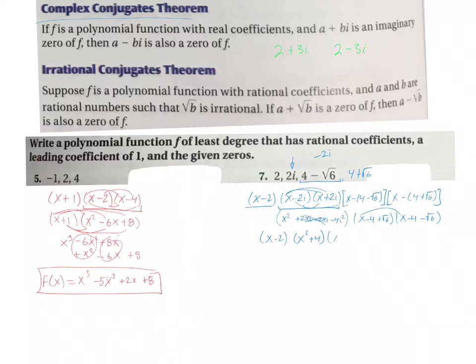It's going to give me an x squared minus 4x minus x root 6. And this one minus 4x plus 16 plus 4 root 6.